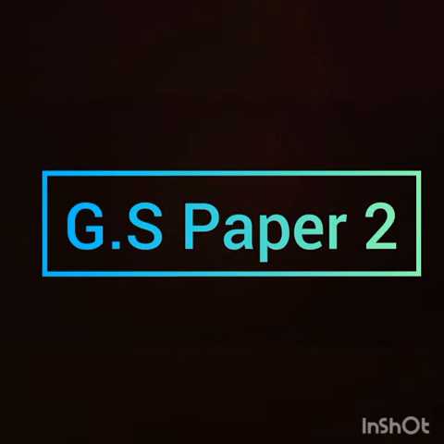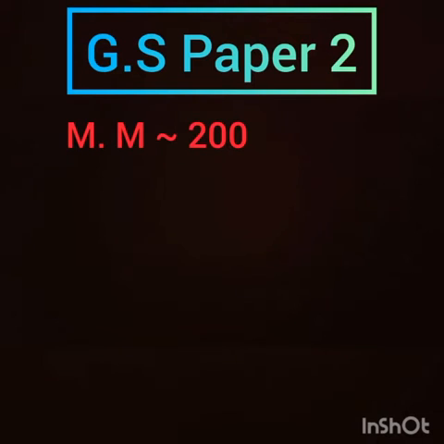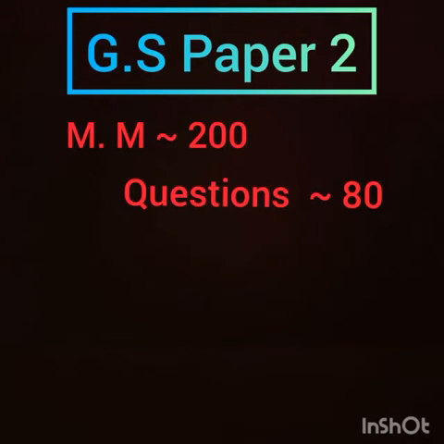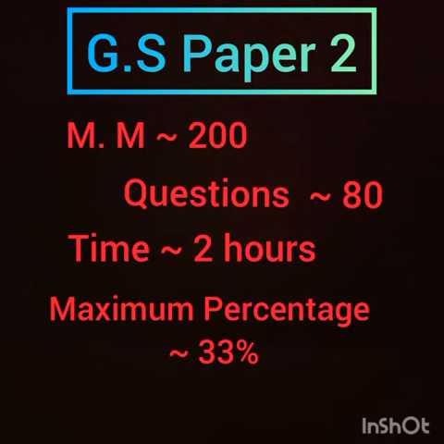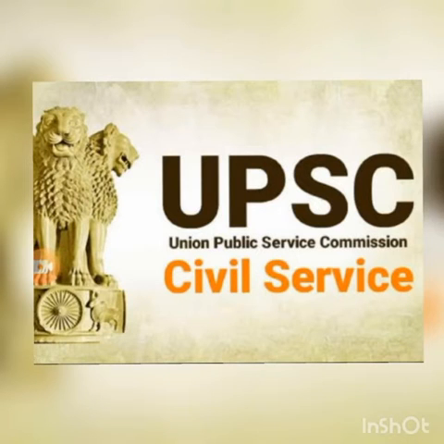GS paper 2. It is of 200 marks. 80 questions are given in the paper and the time allotted to complete the paper is 2 hours. To clear GS paper 2, it is necessary for the candidate to get 33%.